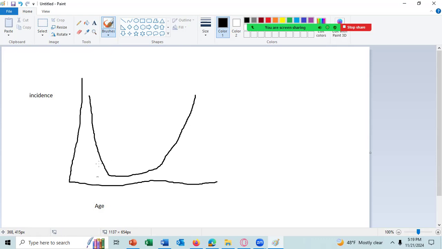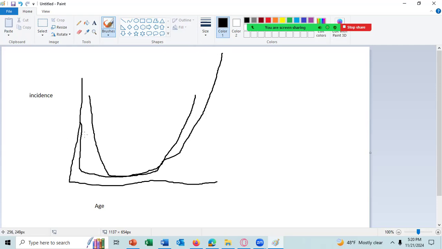Now, with COVID-19, it isn't that way. It's only the very, very young, like newborns, which are more likely to get disease. And then very quickly, like 6 months, maybe even younger, the incidence drops very low. And then the elderly are primarily infected, much more so than even the newborns.